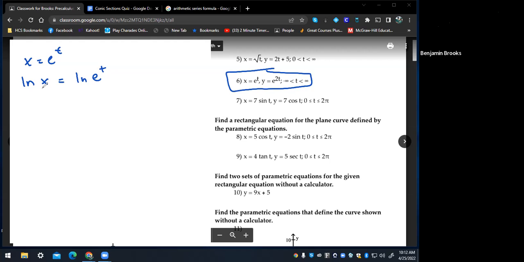All right. Just a little Spielberg humor there. We got ln x is now equal to what? t. e and ln, remember, cancel each other out. So it makes things real easy for us. So now what we can do is we can say y equals e to the 2 ln x, because all I'm doing is taking ln x and plugging it in where t was.